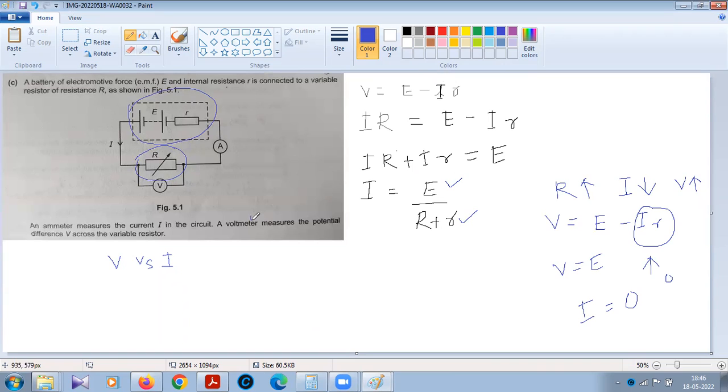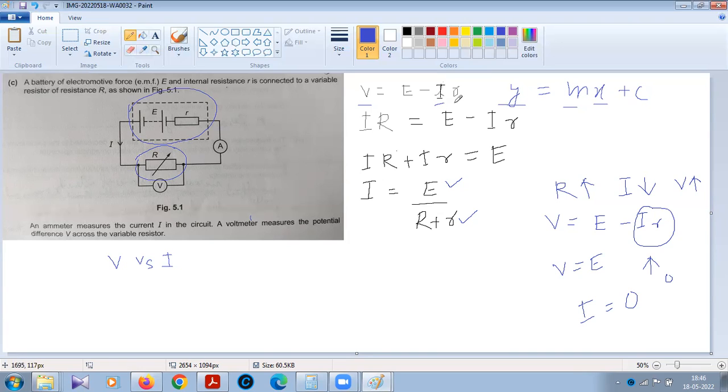So I can compare it with the equation of a straight line, that is y equal to mx plus c. If you compare it, the voltage is represented by y, the variable, and x is represented by the current, the variable. Then this m is represented by what?